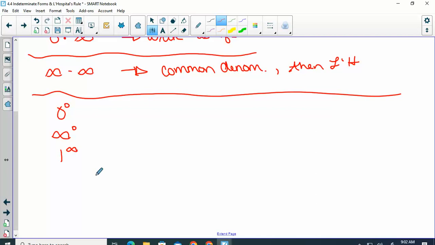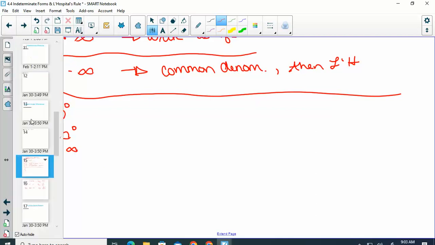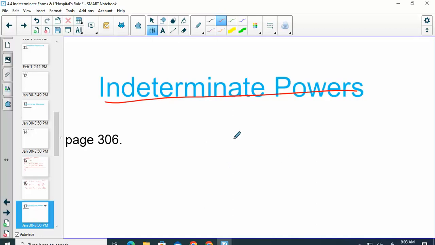So the strategy, it says each of these 3 cases can be treated by taking the natural logarithm or by writing as an exponential. Okay, so this is a little more complicated. The reason we would add a natural log to this is if we think back to properties of logs.